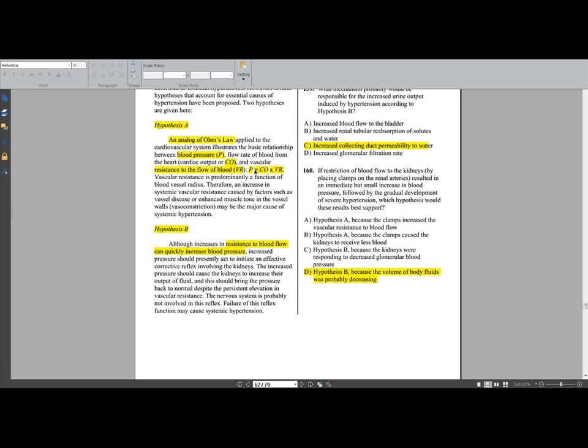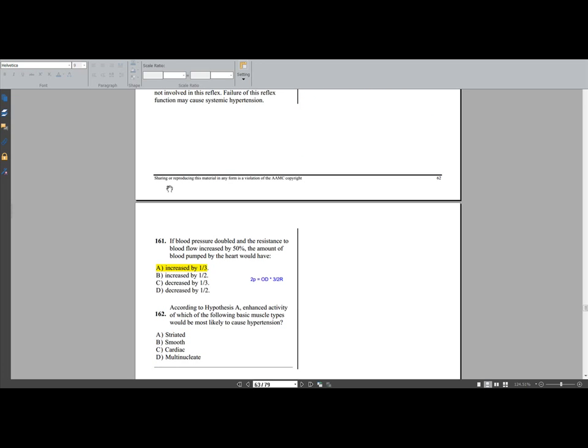Well, okay, so increase in blood pressure has to deal with two things. The heart muscles, which deal with cardiac output, and vascular resistance, which deals with blood vessels, which is the smooth. So it's both smooth and cardiac.